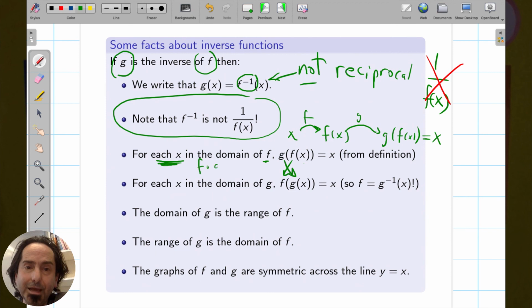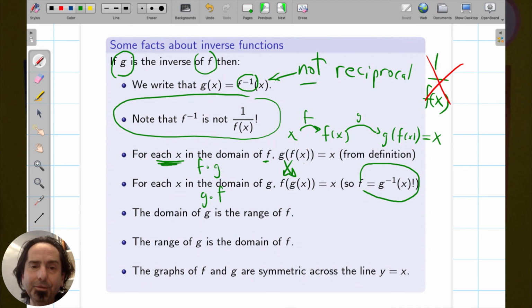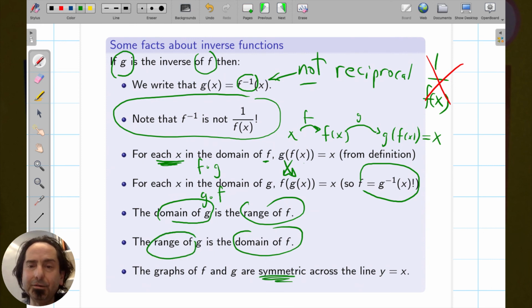The first one we looked at was g composed with f, but if you look at f composed with g, we also get x. Those are switched, so f is the inverse of g as well. And the domain of g is the range of f. The domain of f is the range of g. Those are switched. And there's that symmetry across the diagonal. That's something that you learned.